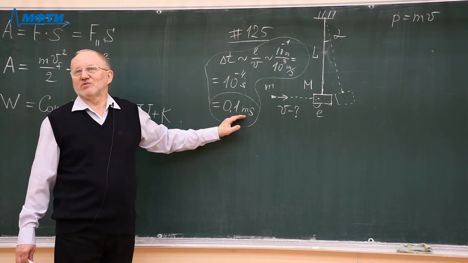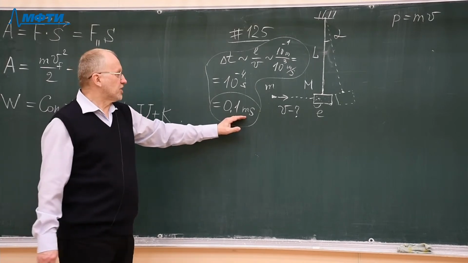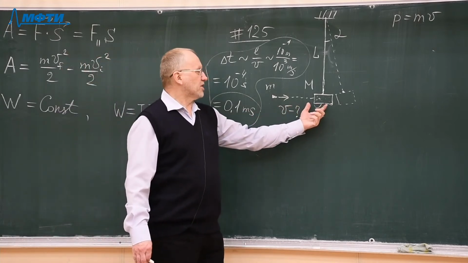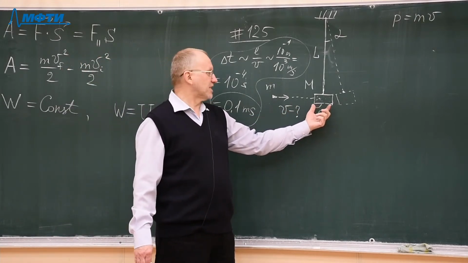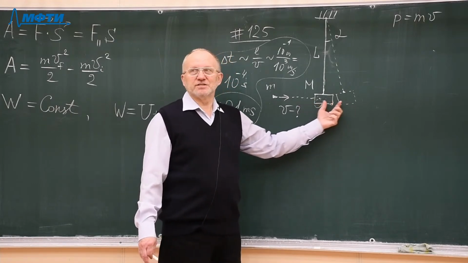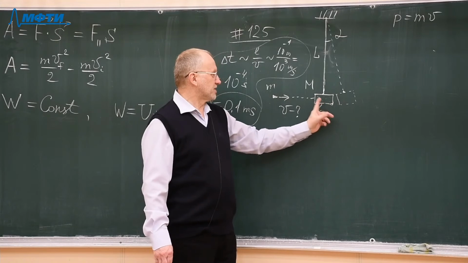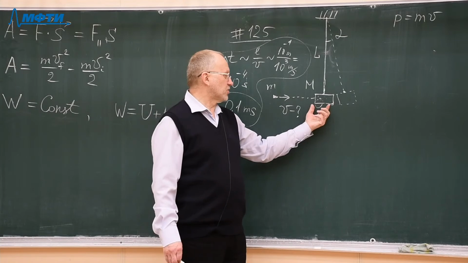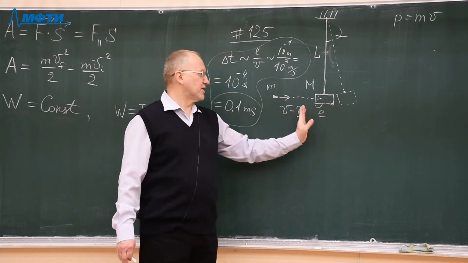And during such a short interval of time, the heavy box of sand will not shift at a large distance. It will practically remain at the same position. The box may shift just by a very little distance.